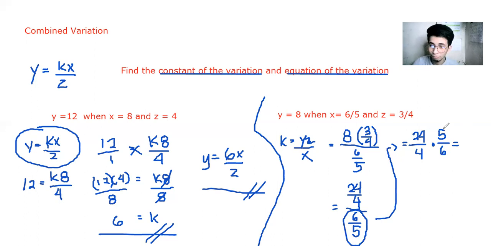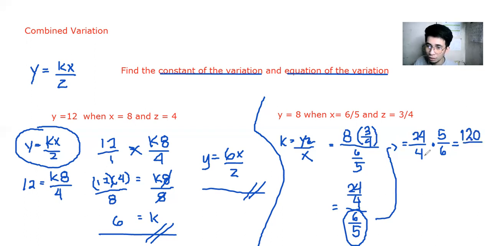Di ba? Tama ba ako? Ay, hindi pala. 120 lang pala. Ah, tama ba? 96 plus 24. 120 na.